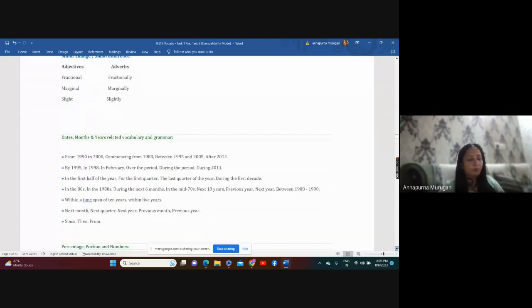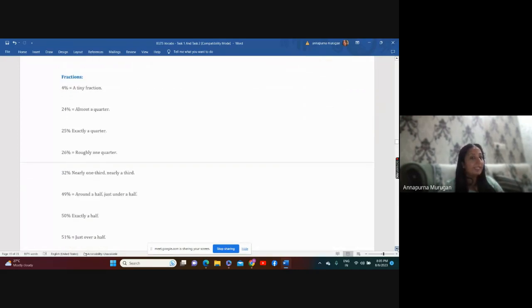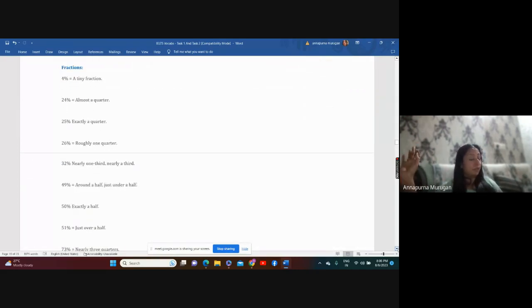Now, let me tell you about percentages. When we have percentages, I said for everything we have a verbal way to express it. It is not only for this; when we have percentages we also have a solution. For 4%, a tiny percentage; almost a quarter, exactly a quarter, roughly one quarter, nearly one third, nearly a third you can use.